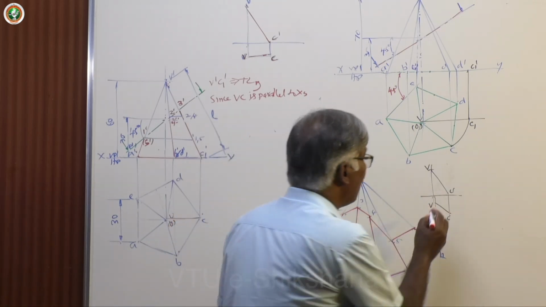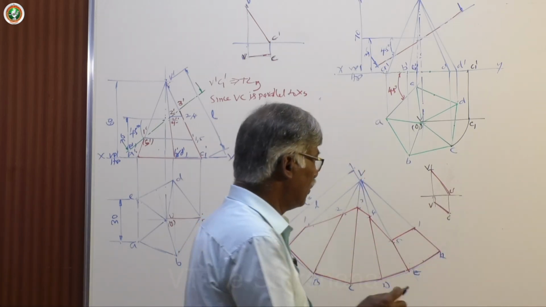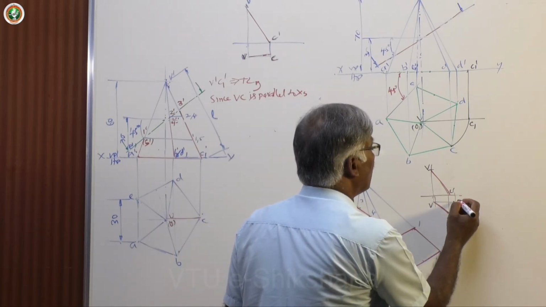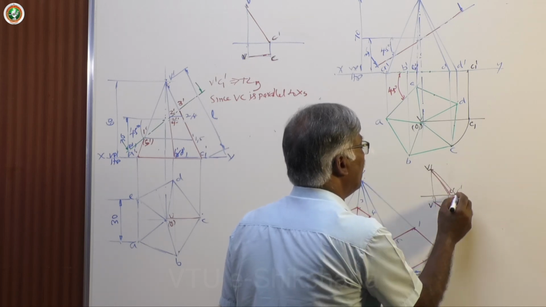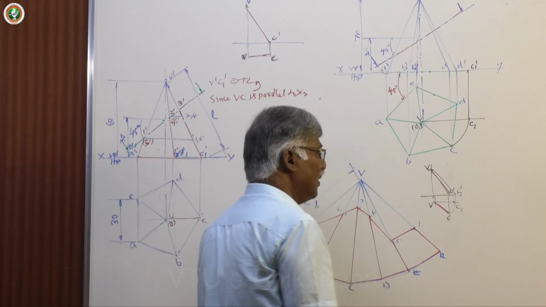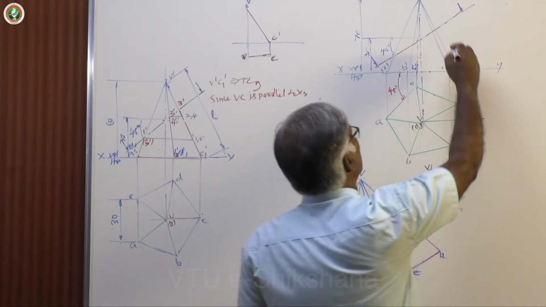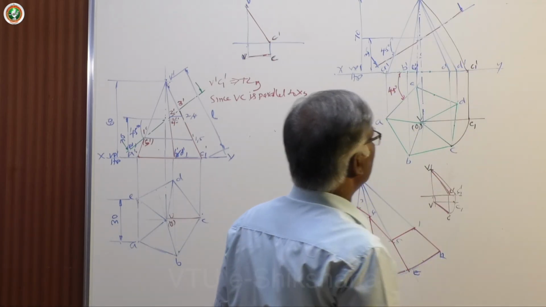These are the final views of VC. How to find the true length? You make it parallel, so project it onto the moving locus, then join it. This is VC, V1 dash, VC, V1. Definitely you get the true length. Same way we are doing it. C dash, join this and this. Okay, this is the true length.